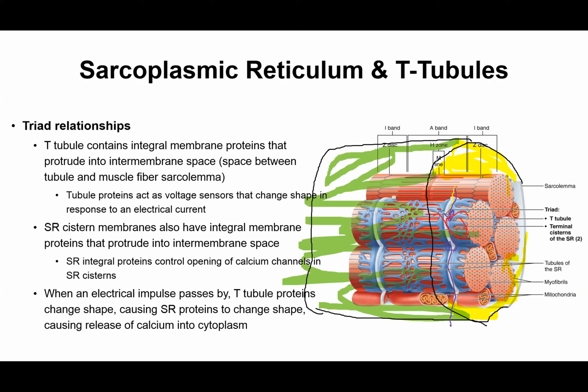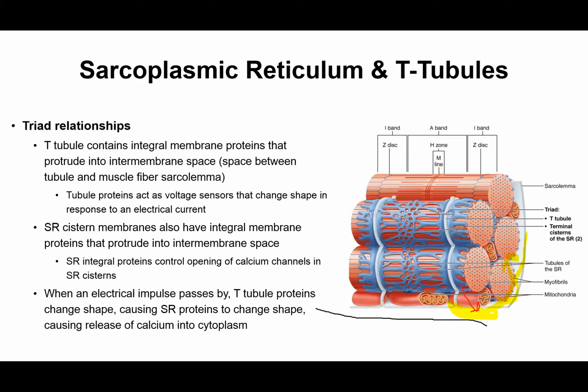The sarcoplasmic reticulum, the blue, is changing shape, and calcium is going into the yellow space, into the cytoplasm. Hopefully that makes more sense. I know my picture is not great, and I'm really sorry about that, but hopefully you get the picture, literally.